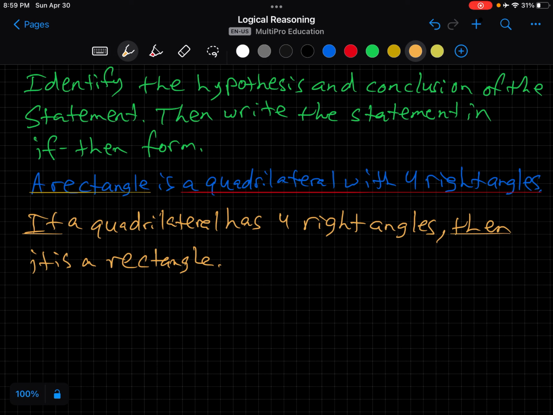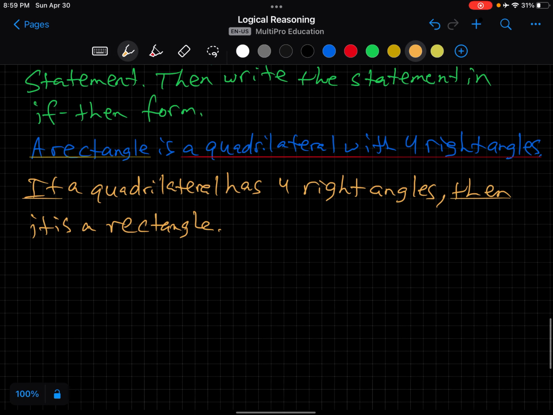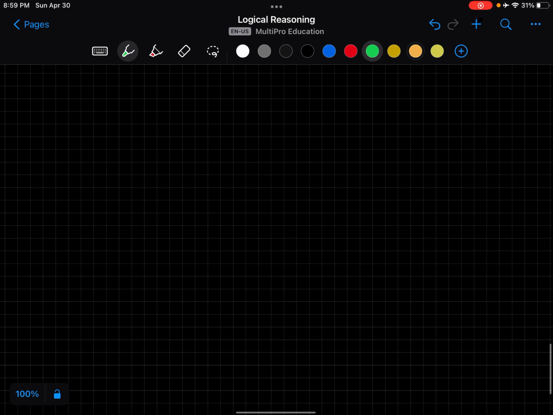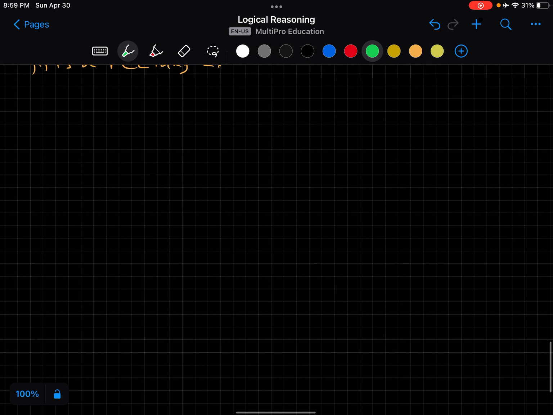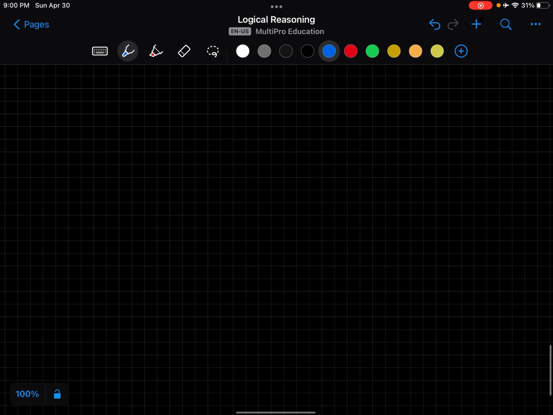All right, let's look at one more example and then we'll call it a day. Another problem here. So we want to do the same steps. We have another sentence here.